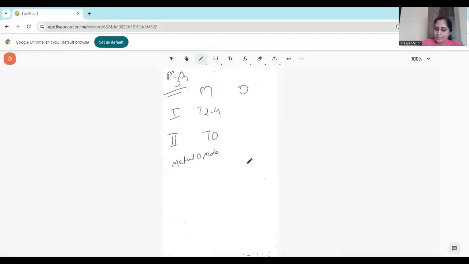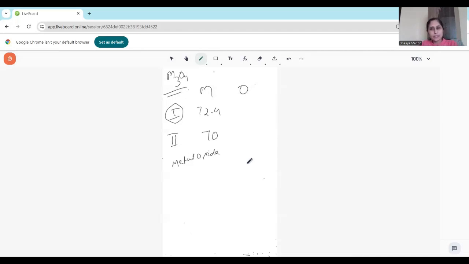Look children, I have written the information. There are two pieces of information about metal. In the first case, the mass of metal is given as 72.4%. If the percentage of metal is given, how do you get the percentage of oxygen?